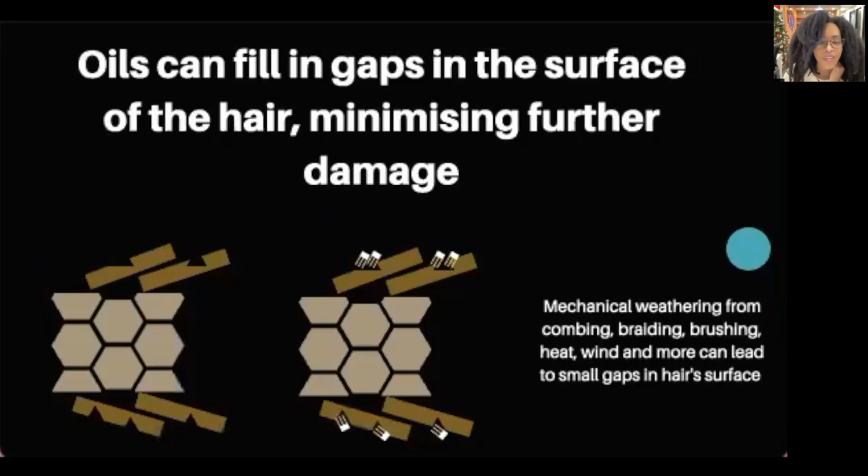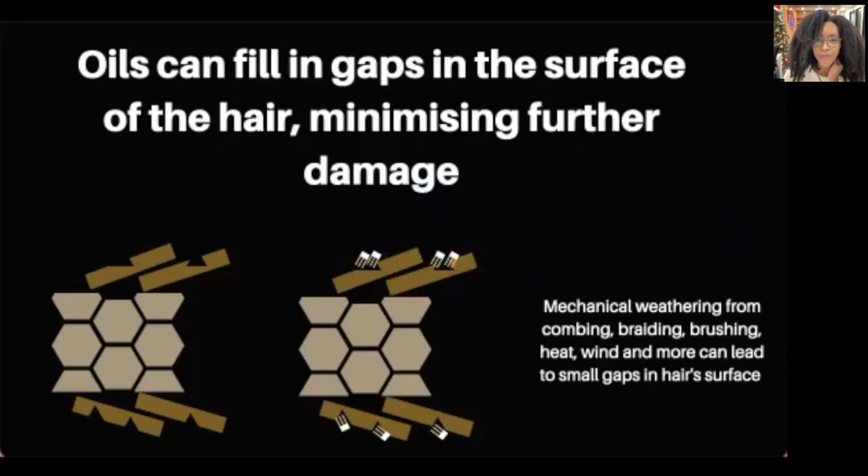Oils can also fill in gaps in the surface of your hair, minimizing further damage. So you can get damage to your hair, for example, from combing it, from brushing it, from rough handling it, from braiding, from the wind, etc. And oils can help not undo that damage, but refill those gaps so that the rest of your hair doesn't become more vulnerable because of that previous damage.